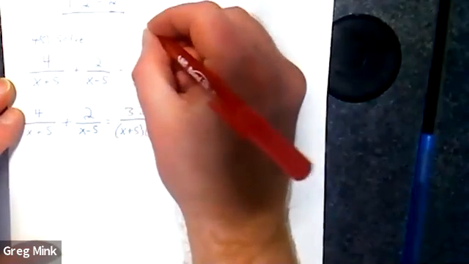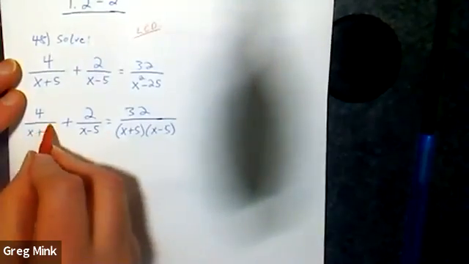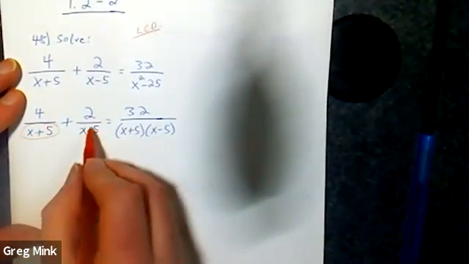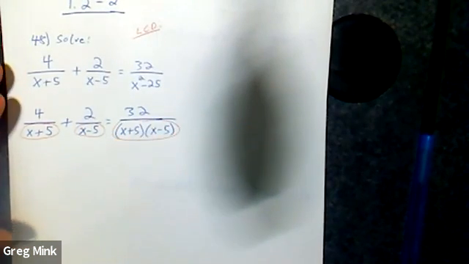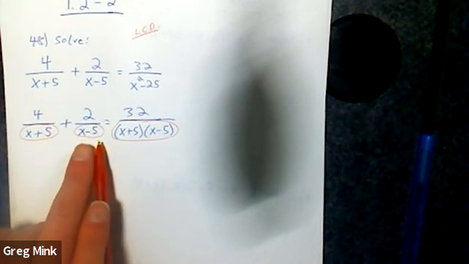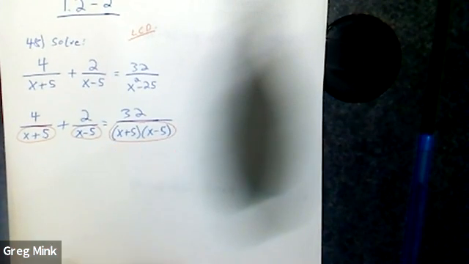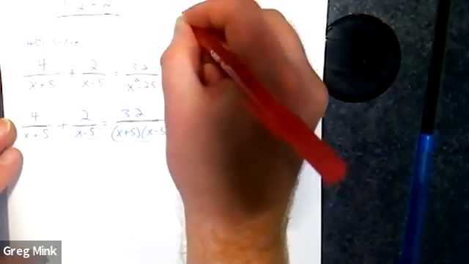So question is, what is my LCD? Well, let's look at what I have. I want the smallest thing that x plus 5, x minus 5, and x plus 5 times x minus 5 go into. Essentially what you're saying is you want something that takes into account each of these factors. So I need an x plus 5.